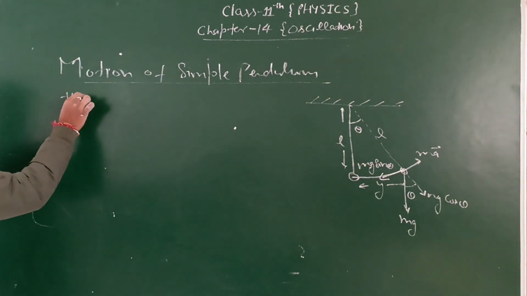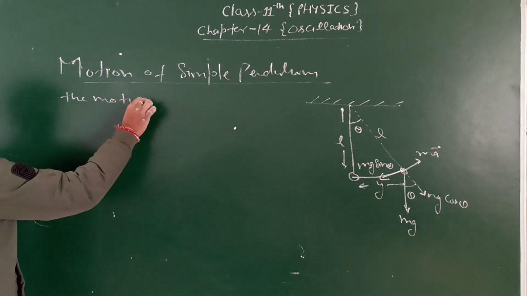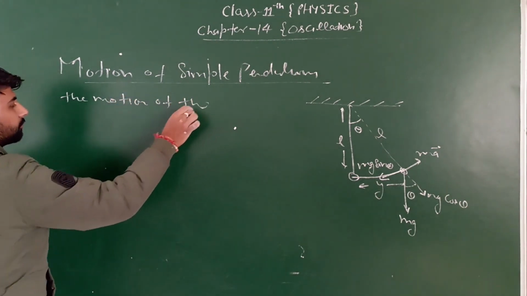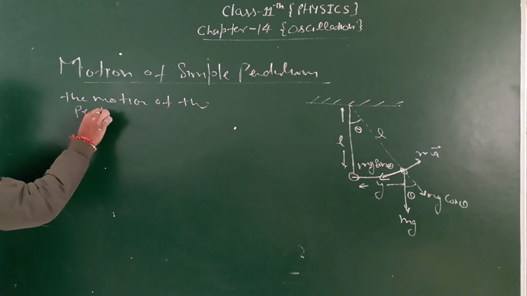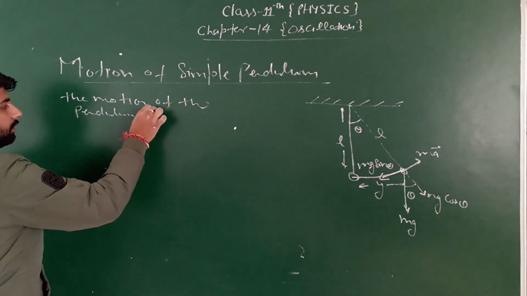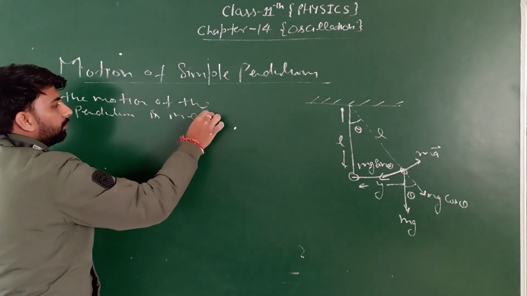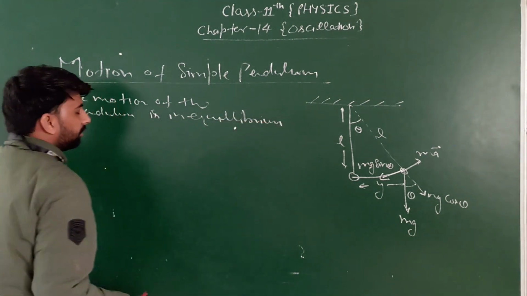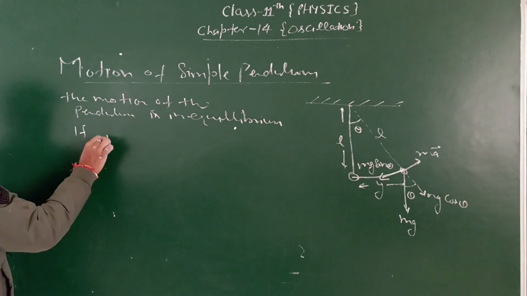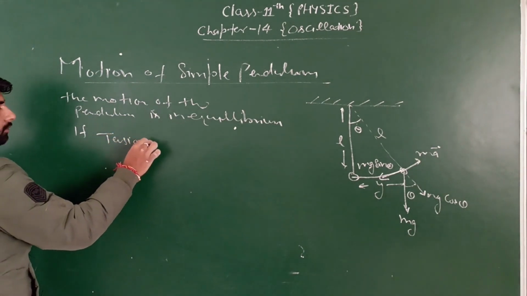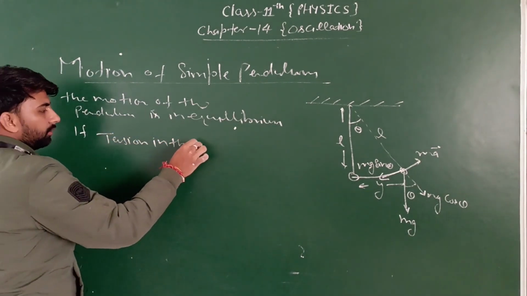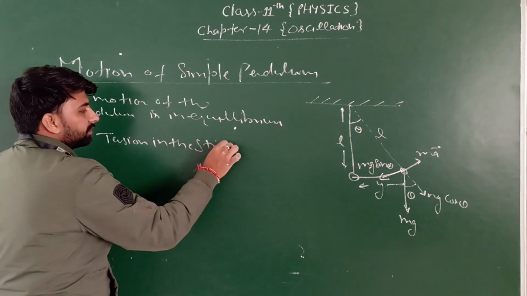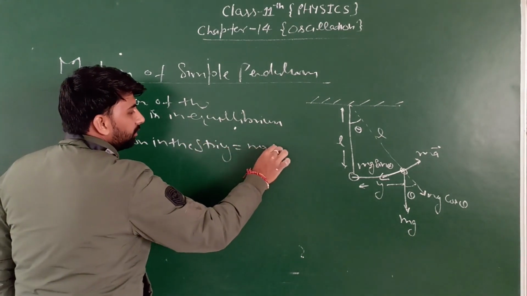So the motion of the pendulum is in equilibrium if the tension in the string is equal to mg cos theta.